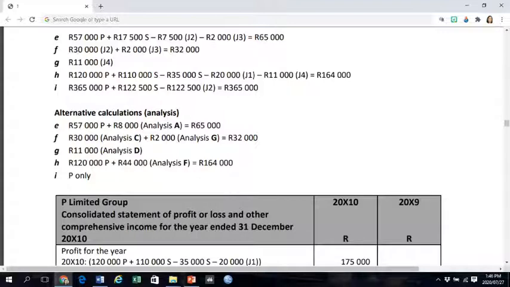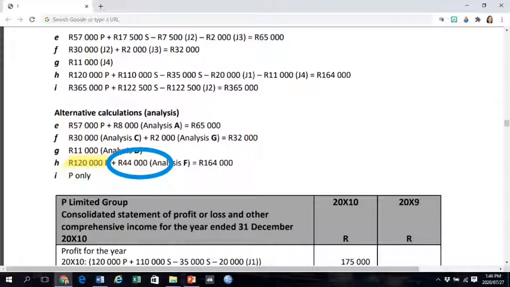The profit of the parent is 120,000 Rand from the trial balance of P. To that we add the profit of the subsidiary attributable to the owners of P that was calculated on the analysis. Please remember that the profit of the subsidiary was already adjusted for the effect of the 20,000 additional deficit on the analysis of equity.